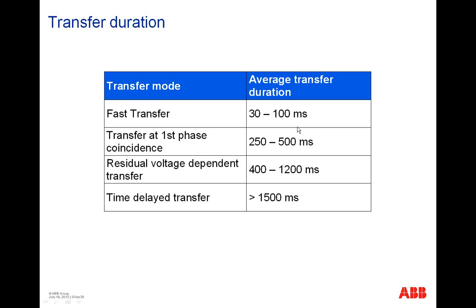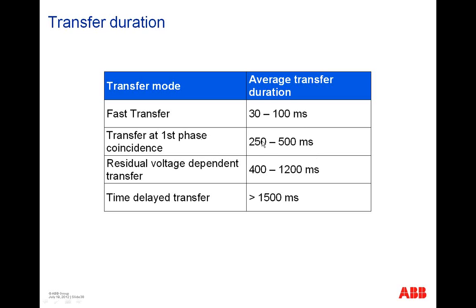So this is a short overview so that you get some feeling for the times. Yes, normally fast transfer is below 100 milliseconds, according to the breaker and the protection relay which is present. And remember, we always have a high level of bus bar voltage during this feedback power.